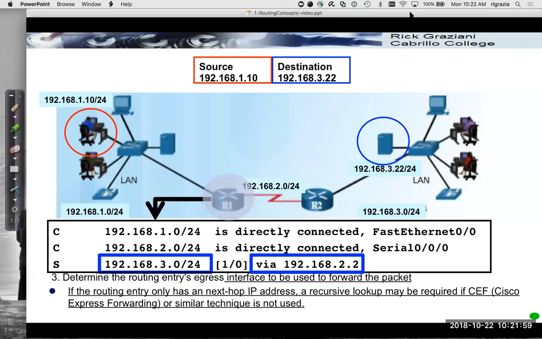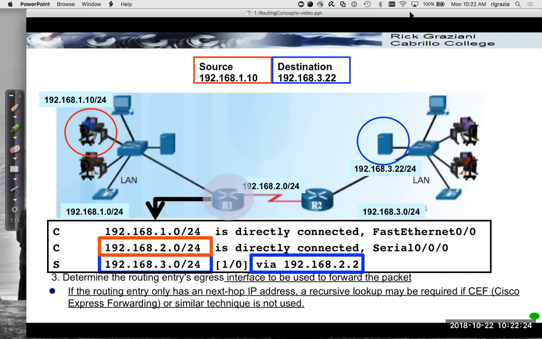In the old days, and we'll talk about this more in a later video, what would have to happen is this next hop address, 192.168.2.2, would have to be looked up in the routing table. We call this a recursive lookup.